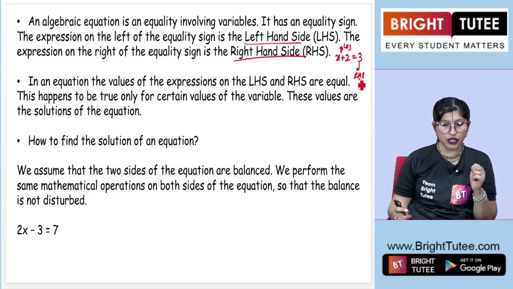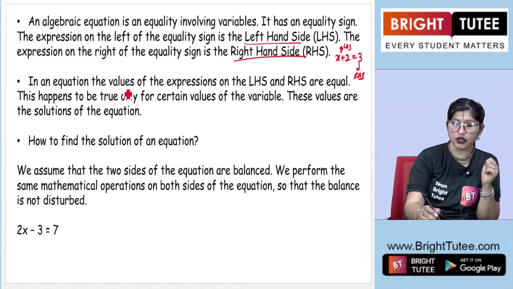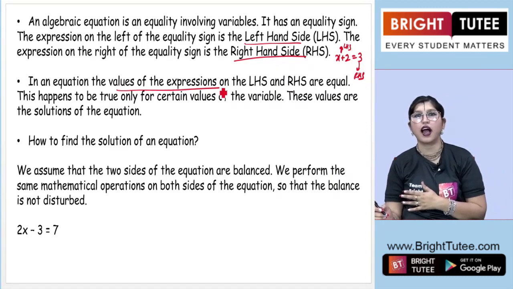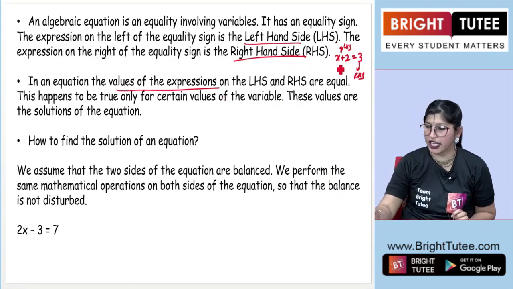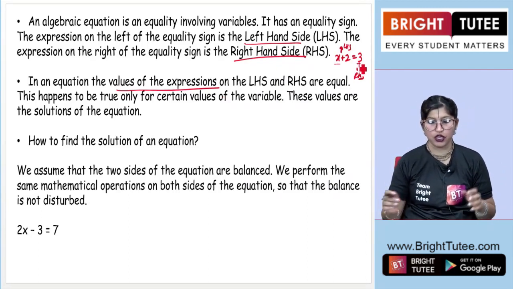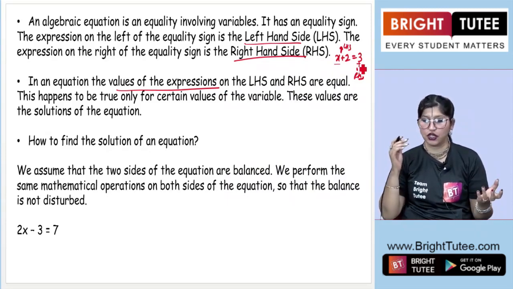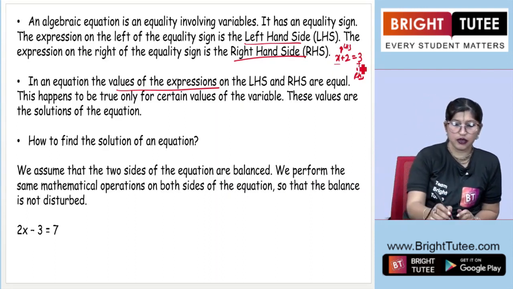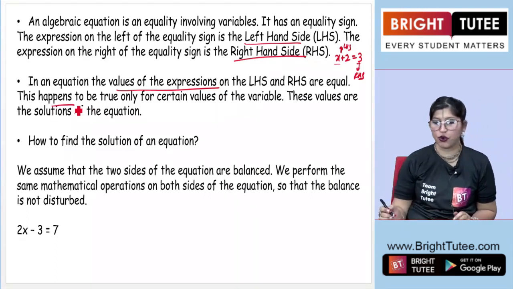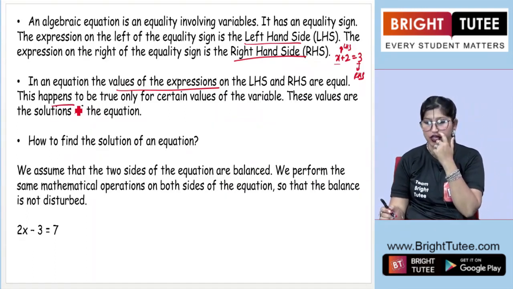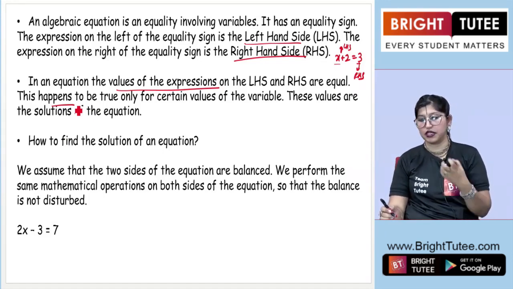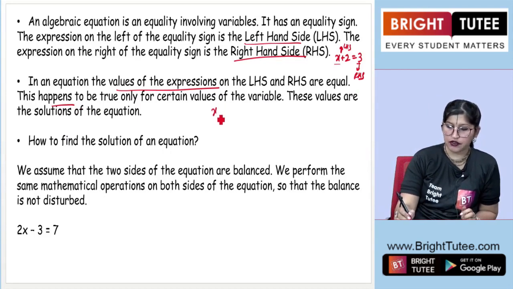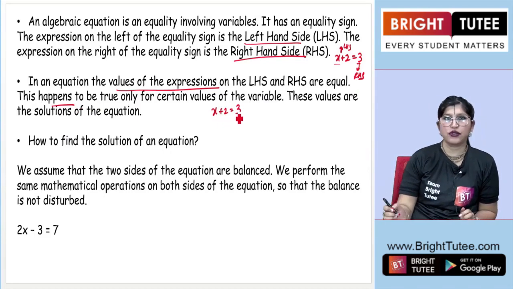Now the second point says that in an equation the values of the expressions on the left hand side and right hand side are equal. So x plus 2 will be equal to 3. The values of the expressions should be equal, then only can we write the equal to sign. But this happens to be true only for certain values of the variable, and these values are called solutions of the equation. I'll give you one example. Let's say we have x plus 2 equals 3.